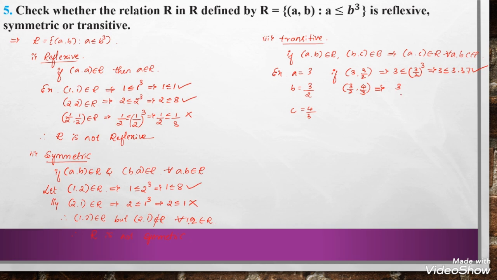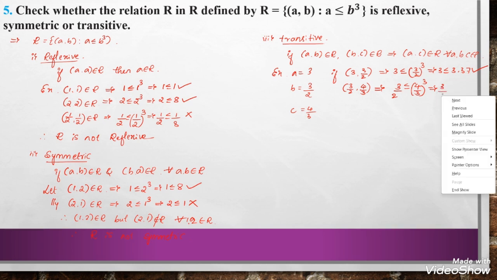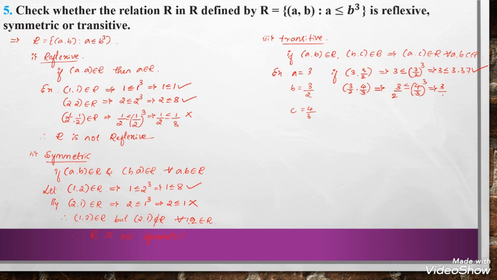Here, we check whether 3 by 2 is less than or equal to (4 by 3) whole cube. What is the value of (4 by 3) whole cube? It becomes 2.37, so 3 by 2 is not less than or equal to it. The condition is not satisfied here.